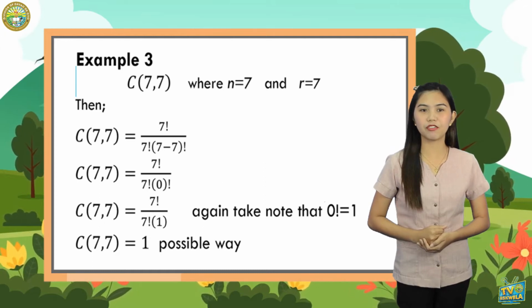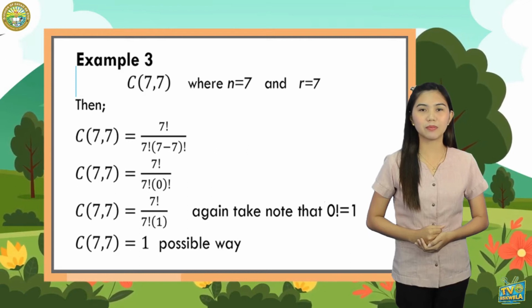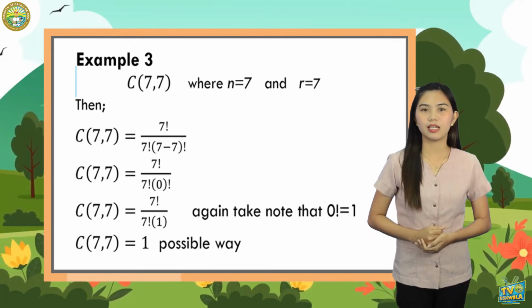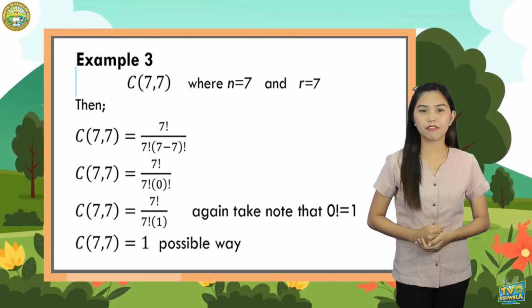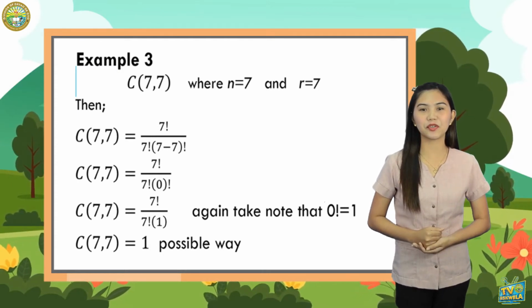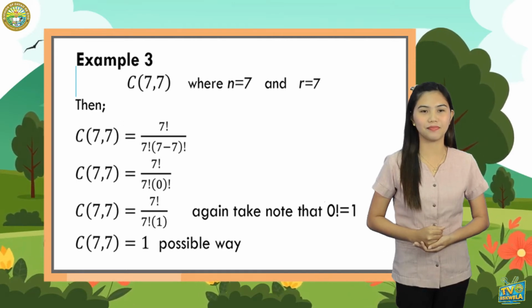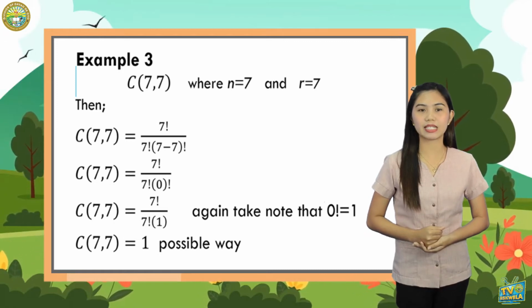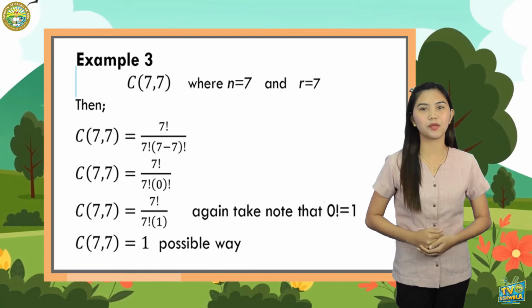Next, 7 factorial over 7 factorial times 0 factorial. Next, 7 factorial over 7 factorial times 1. Again, take note that 0 factorial is equal to 1. Therefore, C(7,7) equals 1 possible way.